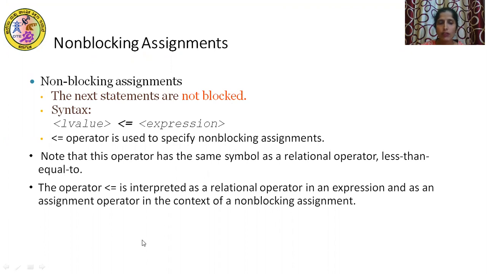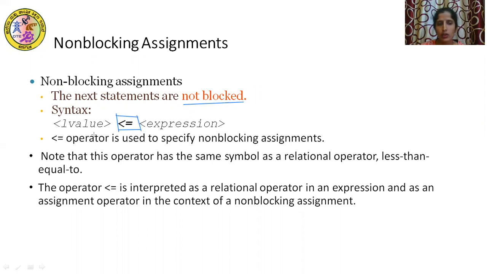In case of blocking assignment statements, the next statements will be blocked, whereas the next statements will not be blocked in case of non-blocking assignment statements. So what is the operator used for non-blocking assignment? Less than or equal to is the operator used for non-blocking assignment in Verilog.